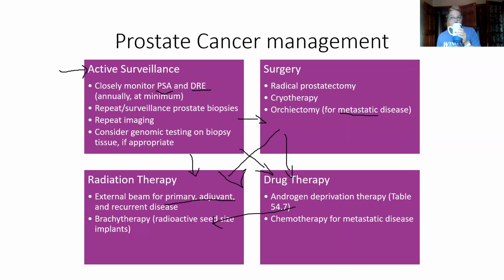Through needle insertion, they get implanted into the diseased prostate. It's wild. Then there's also drug therapy. Androgen deprivation therapy, because prostate cancer thrives on testosterone. See table 54-7 in your book. And then there may also be chemotherapy for any sort of metastatic disease.